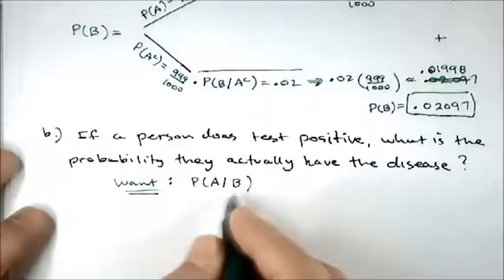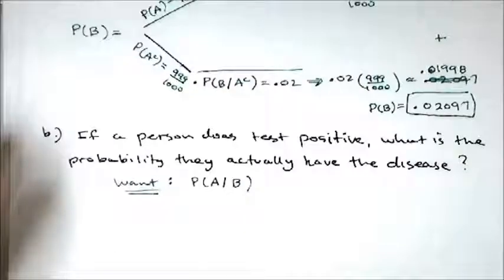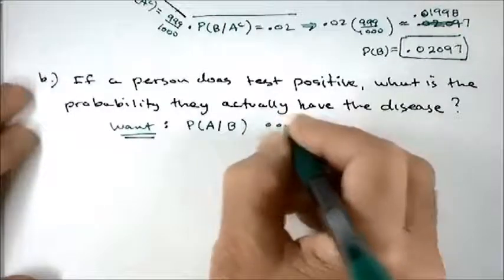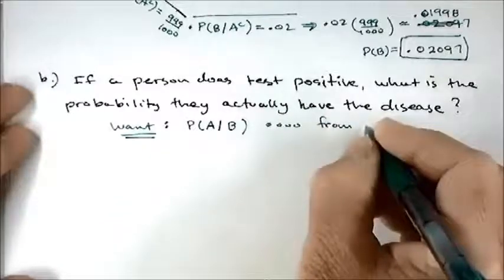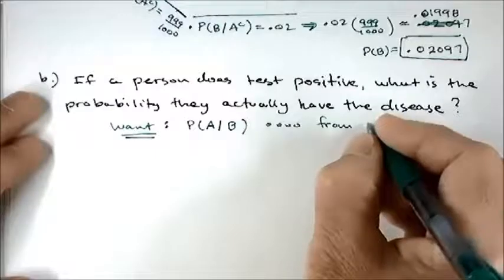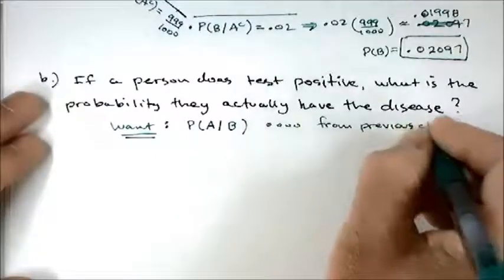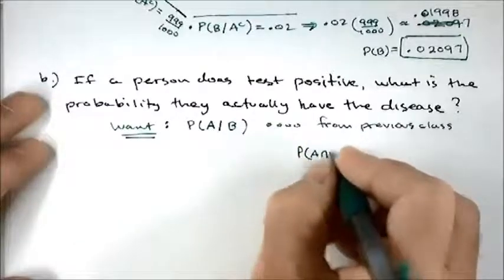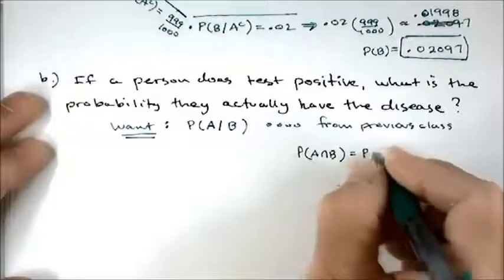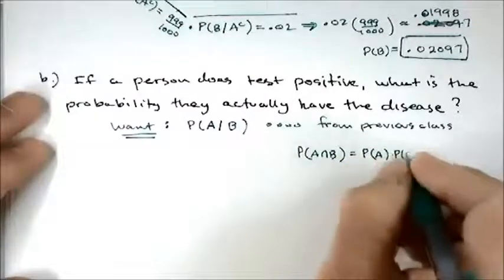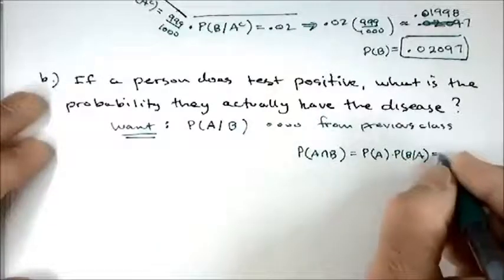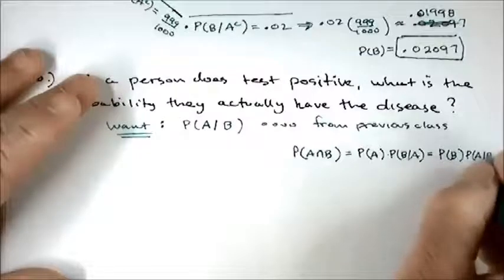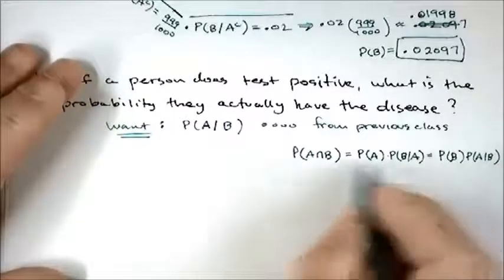And so this is an example where we're going to be using Bayes' theorem, Bayes' rule, which really is nothing more than, I don't have the notes from last time, but you may remember from a previous class, it was either Wednesday or Monday, when we were talking about the probability of A intersect B, A and B happening, we decided that it could be either equal to the probability of A times the probability of B given A, or, in other words, that would be the same as the probability of B times the probability of A given B. Look back in your notes, right?